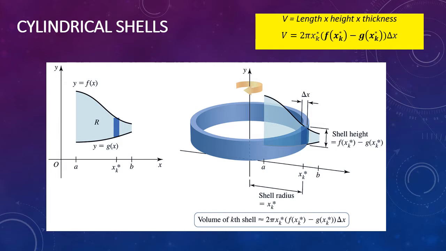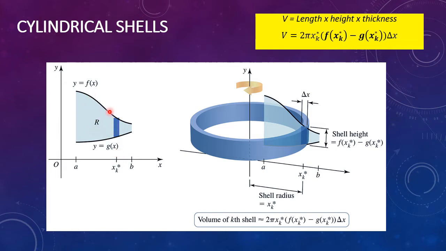Before we move on to solving problems, let's look at a more generalized version of the integral for calculating a volume using a cylindrical shell. In the diagrams that we used to explain this, notice that we were just using one function, f of x, and calculating the area under that curve all the way to the x-axis.